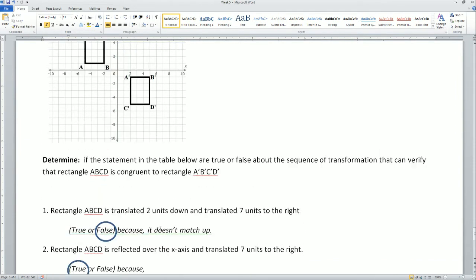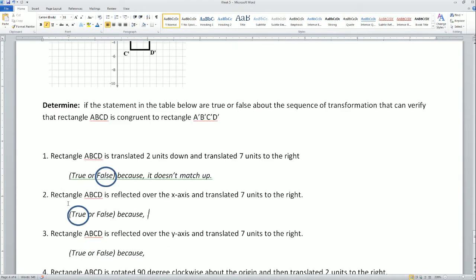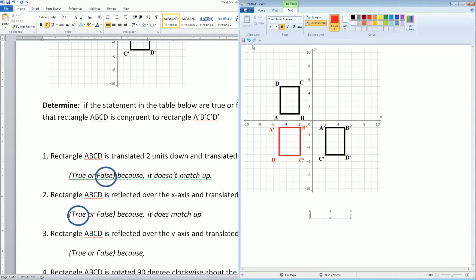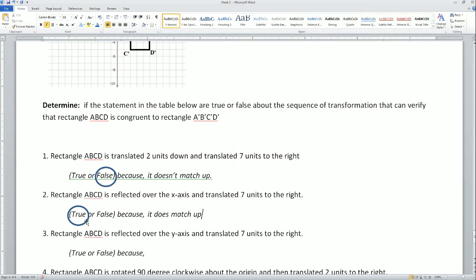This is a reflection over the x-axis, then move to the right 7. So this should be true because it does match up. I messed up by writing the D prime. The D prime was supposed to be on the right hand side, and the C prime was supposed to be on the left hand side. So this one should be true because it does match up.